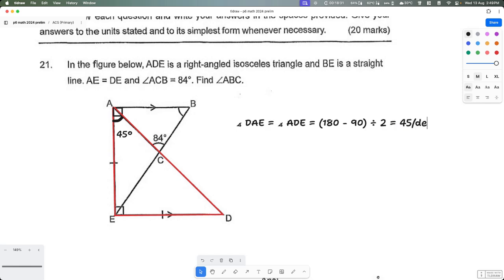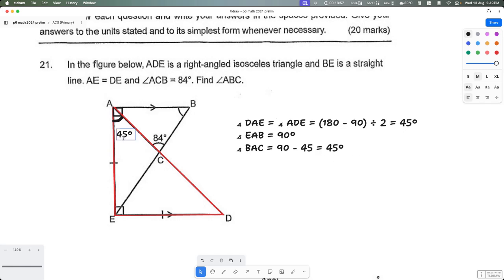Angle EAB is equal to 90 degrees, right? So from here we know that angle BAC is equal to 90 minus 45, which is equal to 45 degrees.